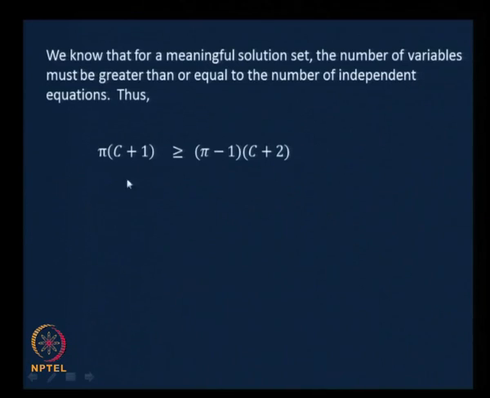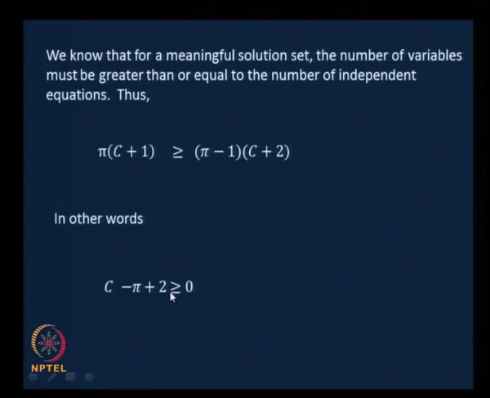The number of variables, pi into C plus 1, must be greater than or equal to the number of equations, pi minus 1 into C plus 2. In other words, if you multiply and then group these appropriately and transpose, we saw that C minus pi plus 2 must be greater than or equal to 0. If it is equal to 0, we get a unique solution set.